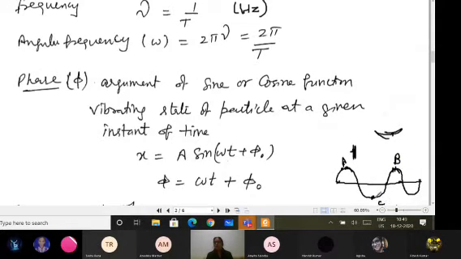But if I take particle C here, then A and C are out of phase. Same phase means there is no angle difference, or the angle difference is 2 pi, and out of phase means the phase difference is pi.